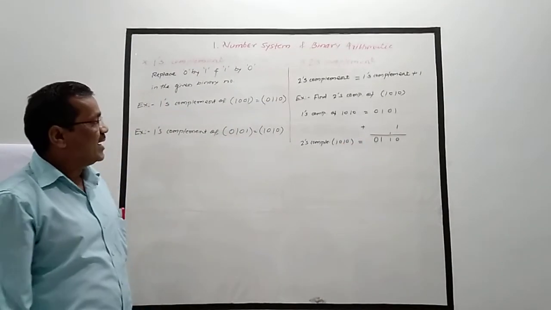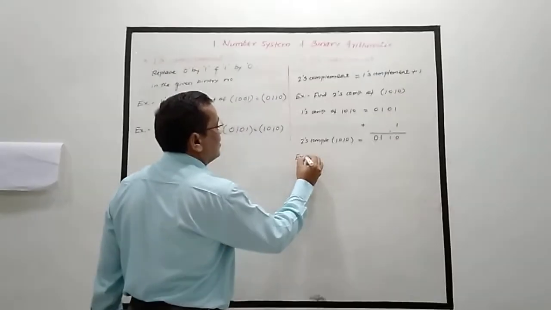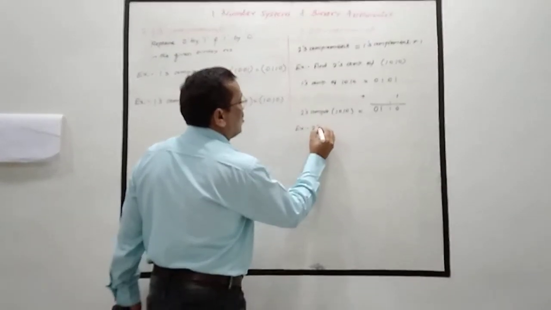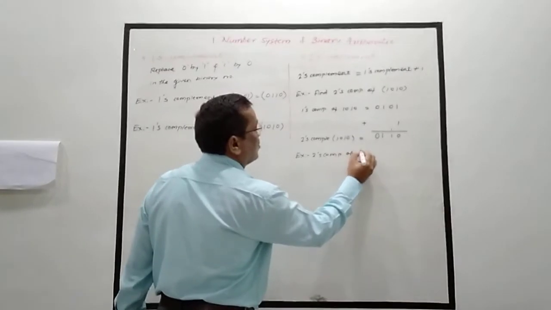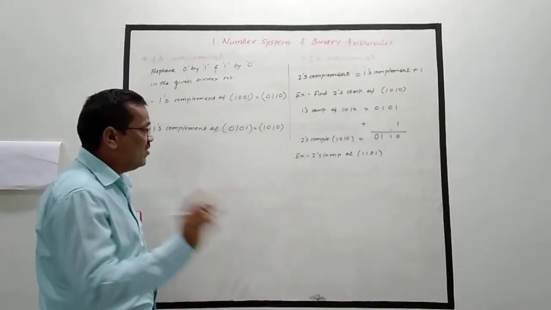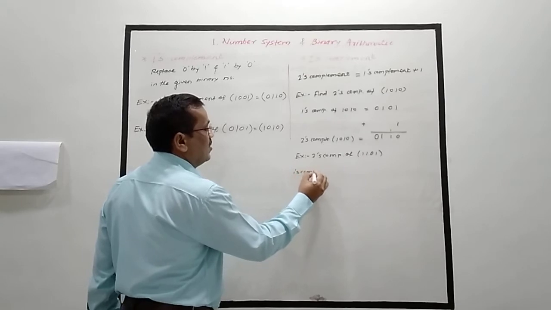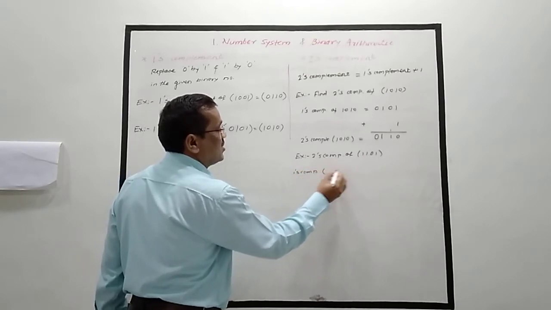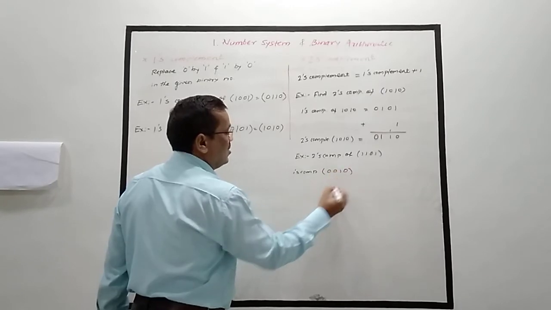Like this, we can take another example of 2's complement of 1101. First of all, find the 1's complement, which is equal to 0010, plus 1.